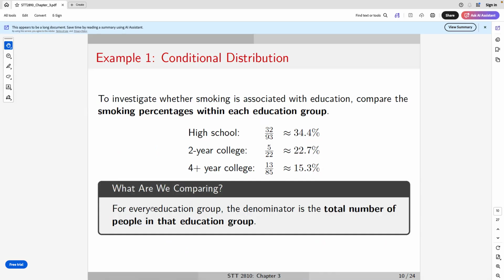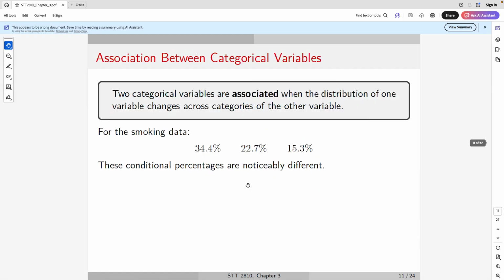So for each education group, the denominator is the total number of people in that group. For high school, it is 93. For two-year college, it is 22, and the same for four-year college. And the numerator represents the number of smokers within that education group. You can see there is an association because these percentages are different.